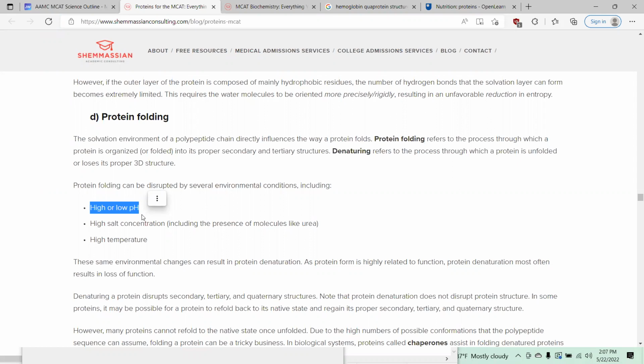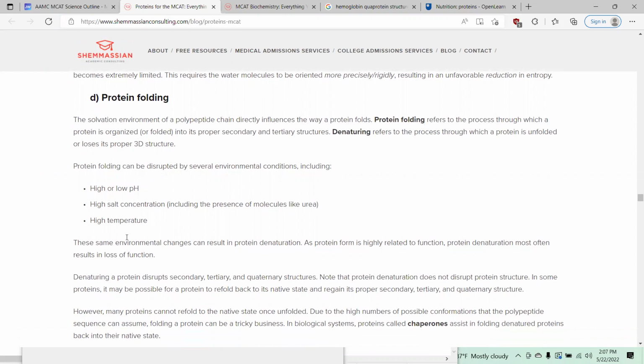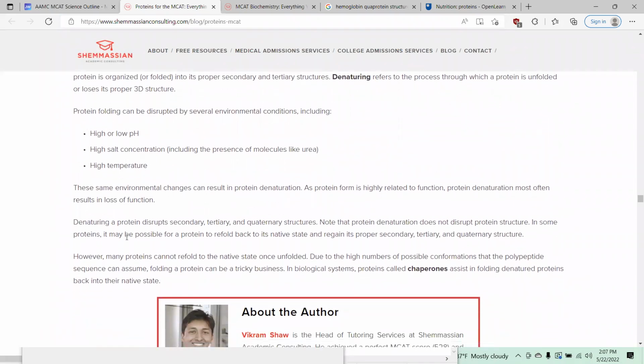And if they're protonated or deprotonated, that affects how they bond with other amino acids. So these are a couple of different ways that we can have denaturing occur.